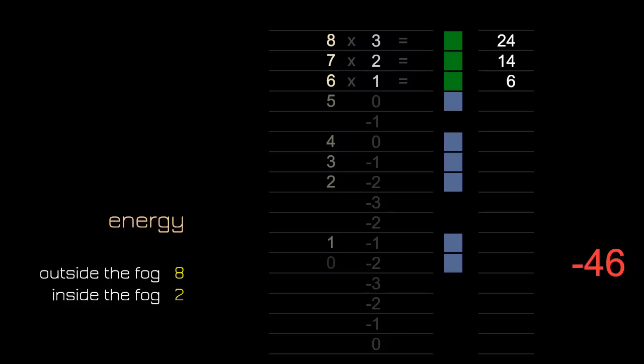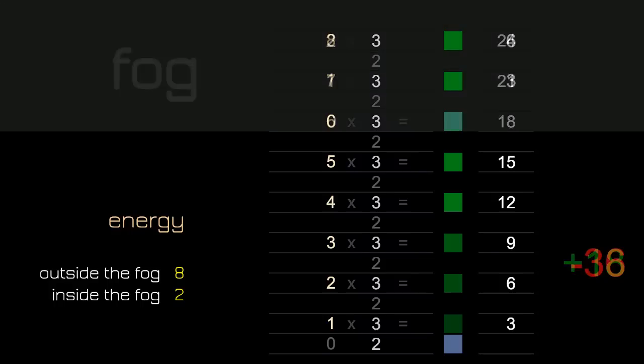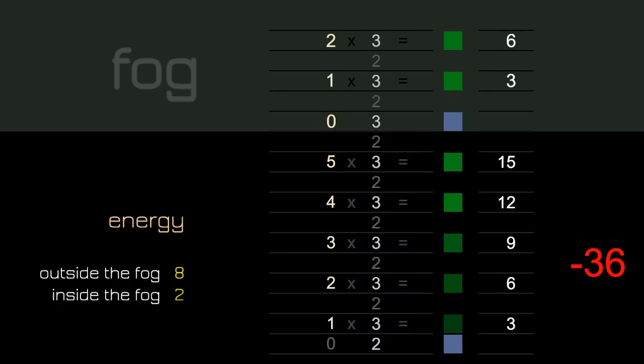Since each cell spends 10 units of energy per turn, such a configuration incurs a loss of 48 units of energy. The optimal configuration is when there is a gap between the cell layers. In this case, these cells will additionally bring 18 units of energy. And this is what happens if some of the cells are in the fog.